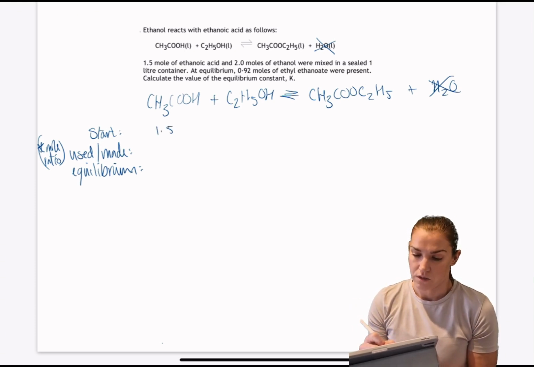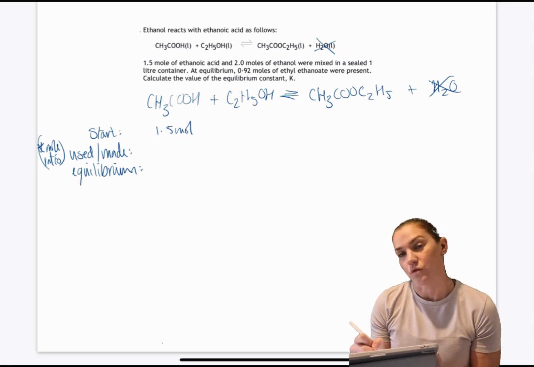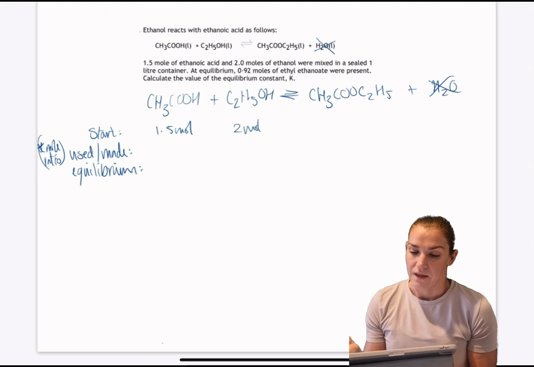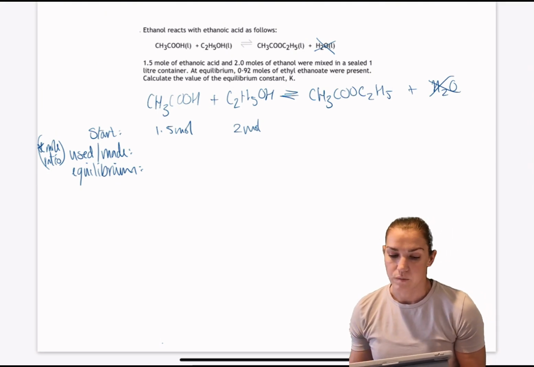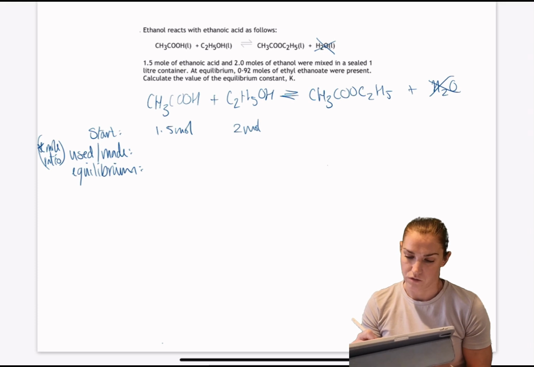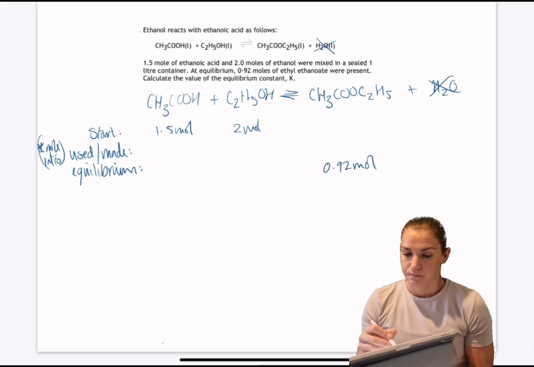So if I write those under the chemicals, 1.5 moles of ethanoic acid, 2 moles of ethanol, and then it says that at equilibrium 0.92 moles of ethyl ethanoate were present. So that's a concentration at equilibrium, or quantity at equilibrium, of the ester.